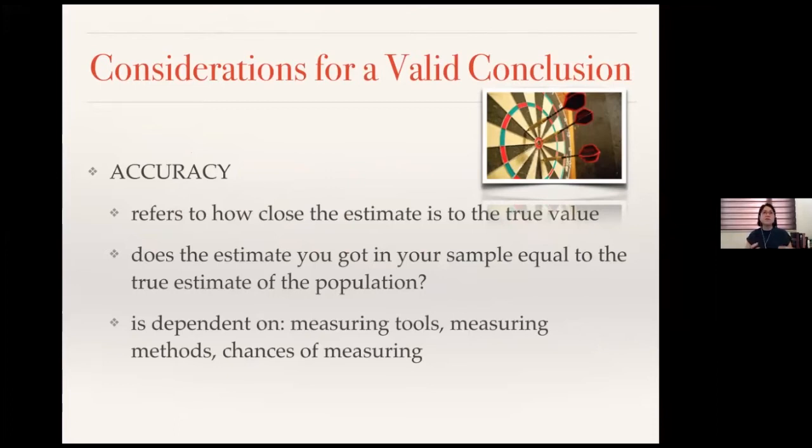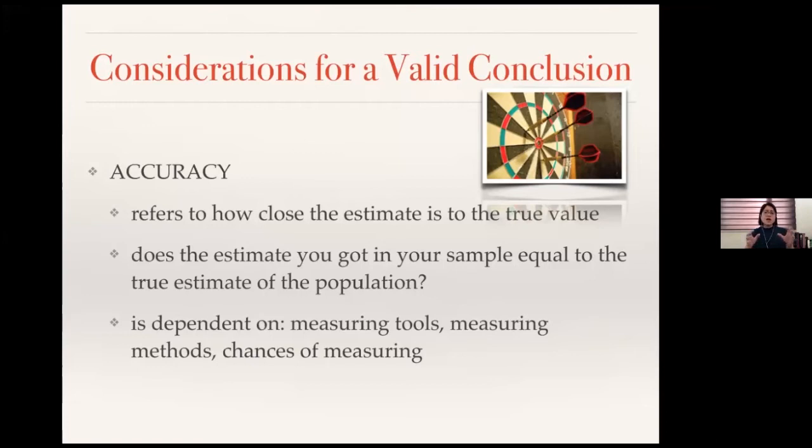So for example, we got a group of elderlies and we got their mean weight. So if it is accurate, the mean weight that I got from this group of elderlies is the same as the real mean weight of elderlies in the population. Okay? So that would be accuracy.